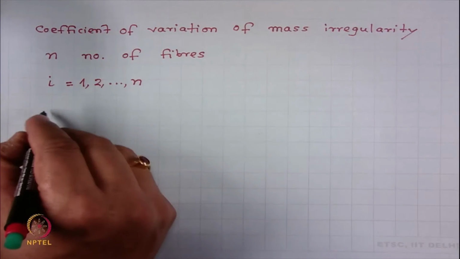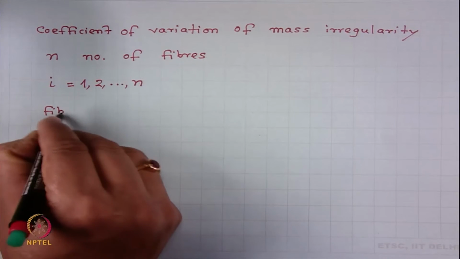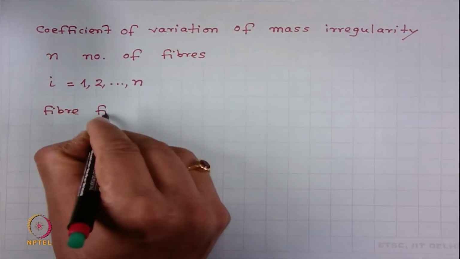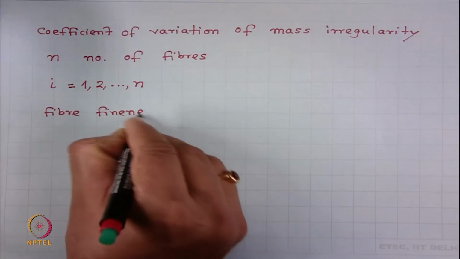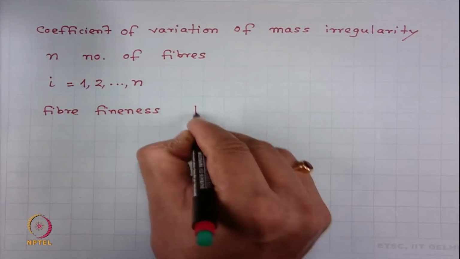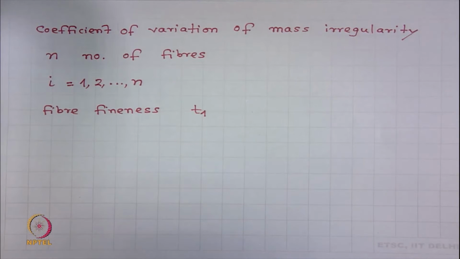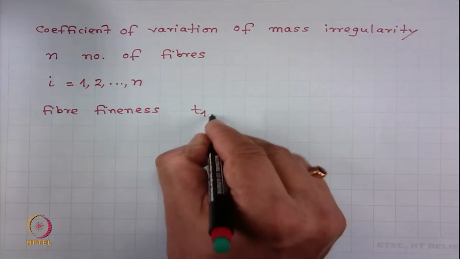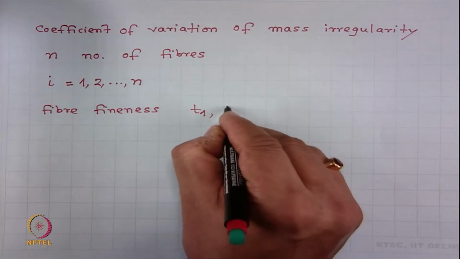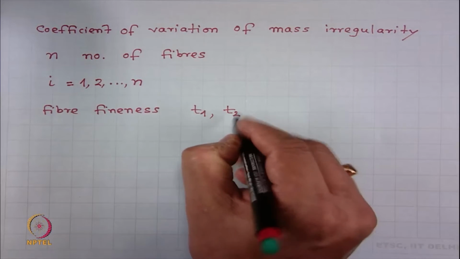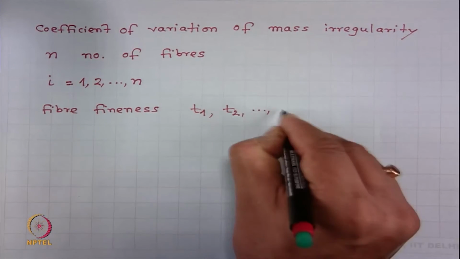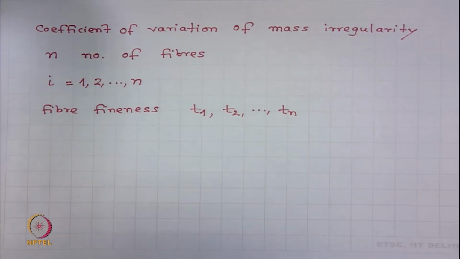Similarly, fiber fineness we will denote by T 1 for fiber number 1, T 2 is the fineness of fiber number 2. Similarly, T n is the fineness of fiber number n.